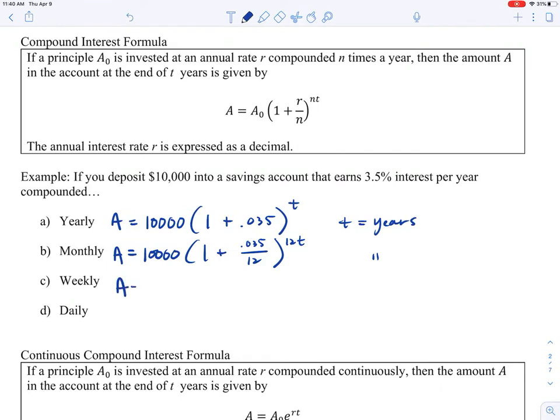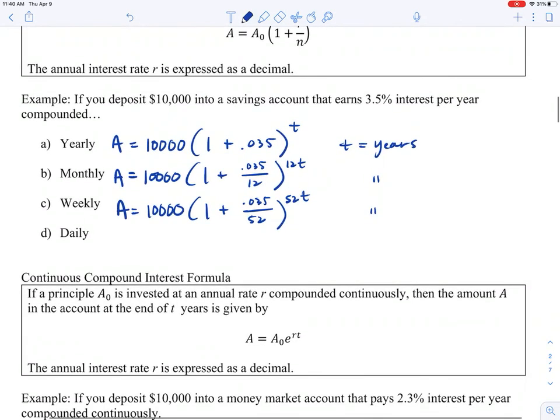Weekly, there are 52 weeks in a year. So same initial amount. Now we would divide 0.035 by 52 and then raise to the 52 times t power. T is in years.